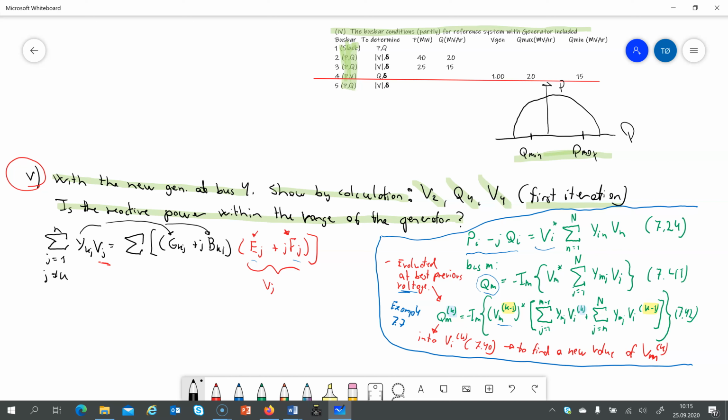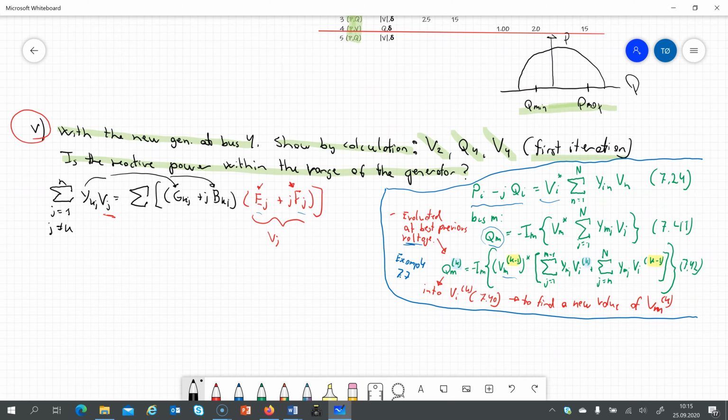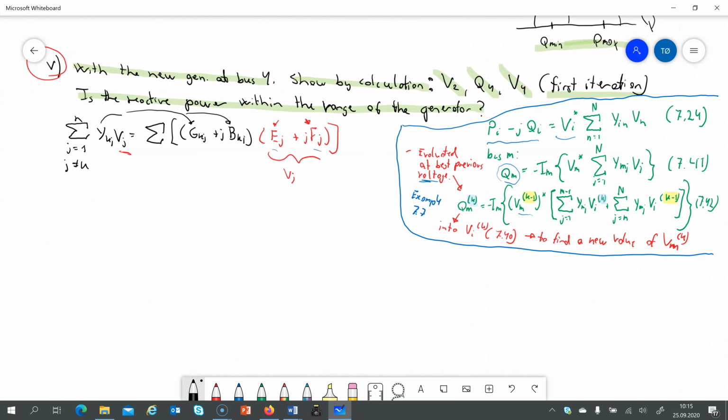Let's go further on this notation. I'll just write out S_K using K now. This is the same as we have in 24, just using different notation.